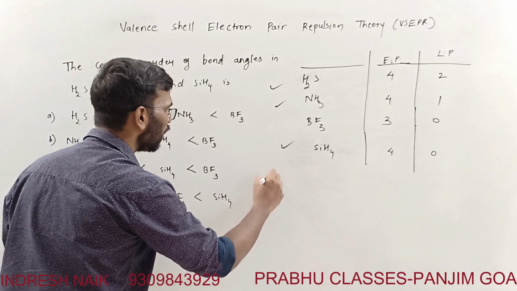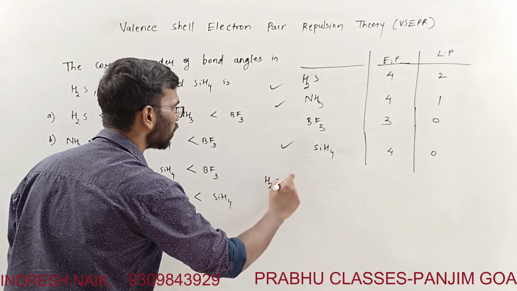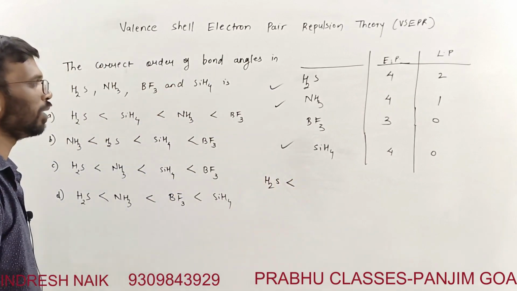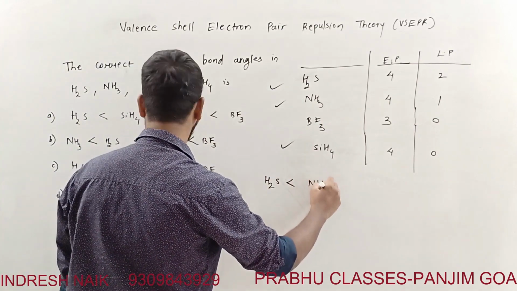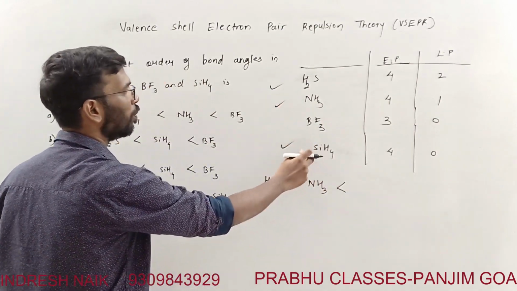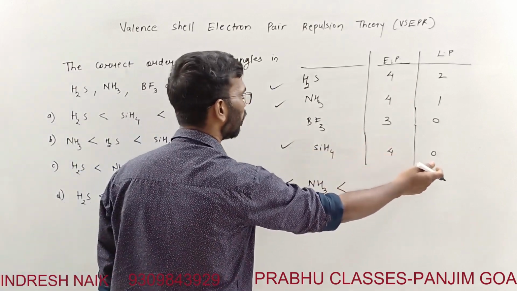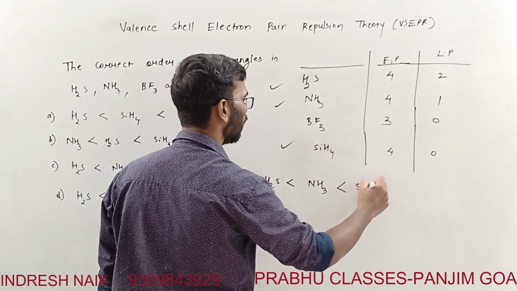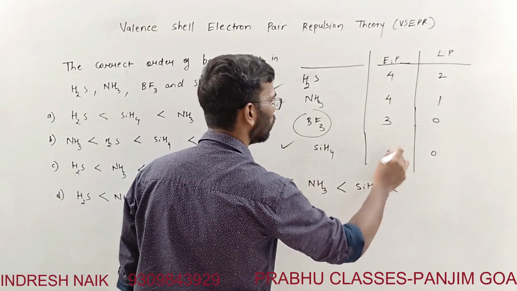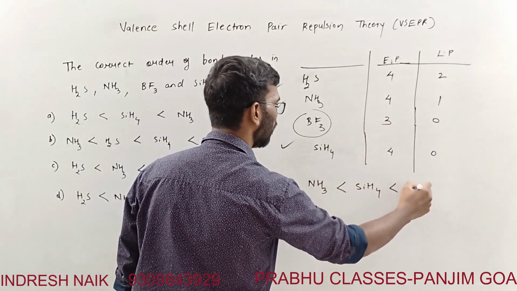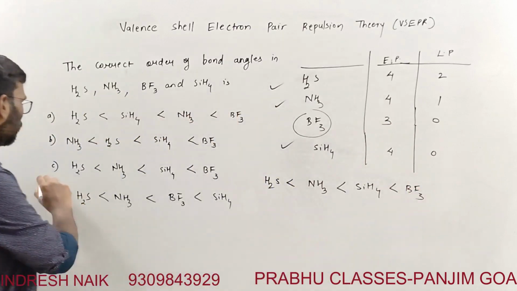So H2S will have the least bond angle. Then what will come is NH3. Then silicon hydride with 0 lone pairs, and the maximum bond angle is for the one having 3 electron pairs, that is BF3. So the answer is option C.